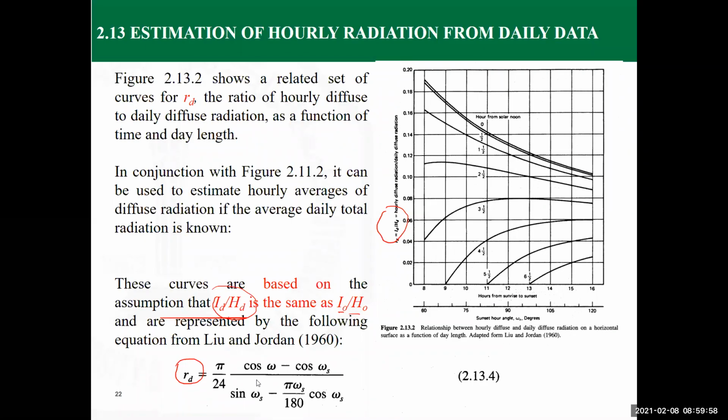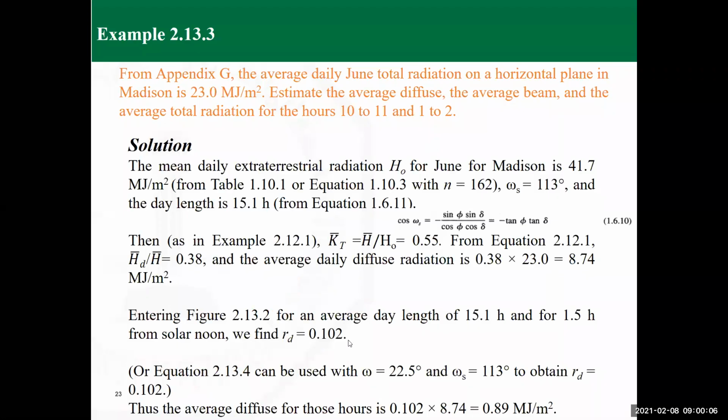And as usual, the other option will require us to calculate the hour angle and the sunset angle. Once you do that, you substitute here and you get the value of RD. And if we obtain this as 0.1 and this one as 0.102, then they are close enough from each other. Then the average component of the daily diffuse radiation we obtained was 8.74. This is the fraction of this hour of this radiation at that hour.